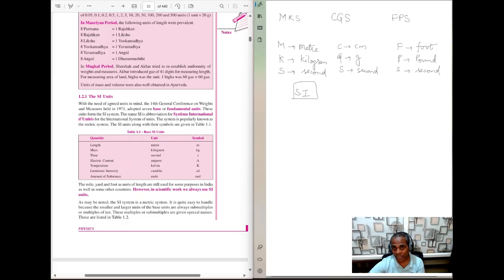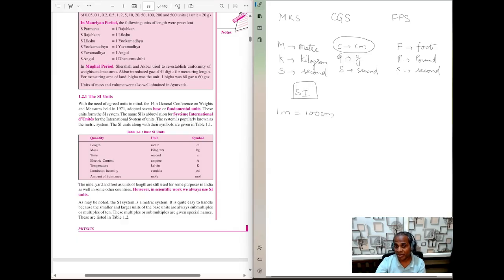Now, we can find out the relation between each of these SI units and the earlier units. For example, when we say meter, the MKS system also has meter, so they are the same. The CGS system has centimeter. We know that 1 meter is equal to 100 centimeters. So anything measured in the CGS system in terms of length can be converted into the SI unit of meter. Similarly, for mass, the MKS and CGS units are kilogram and gram, and the SI unit, the kilogram, is the unit of mass.